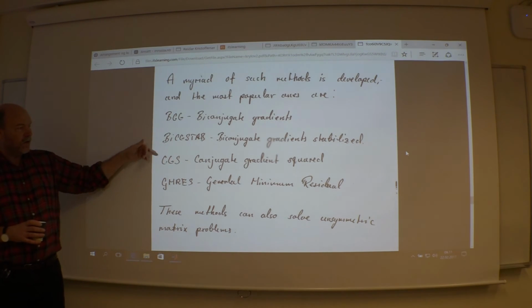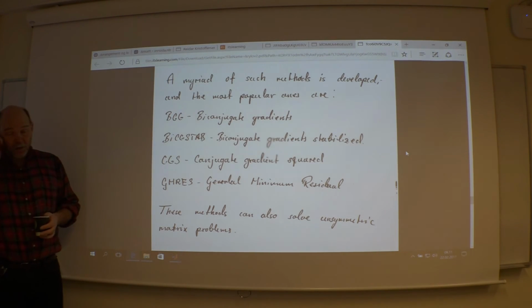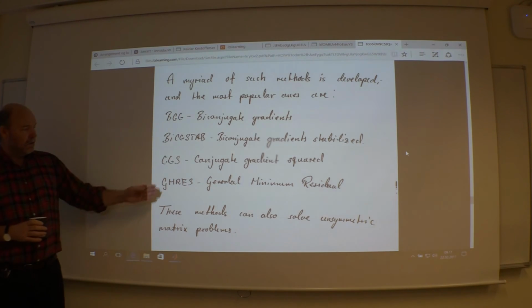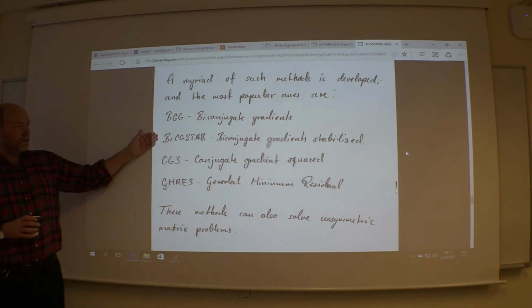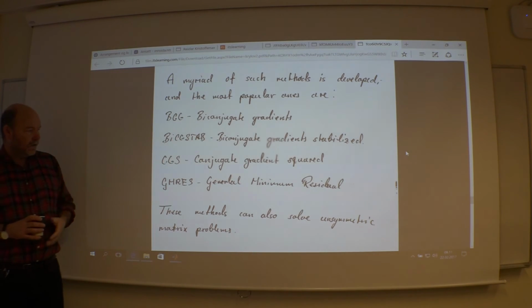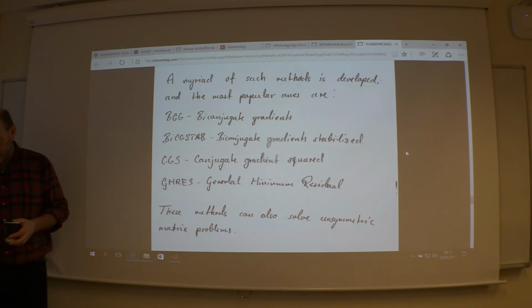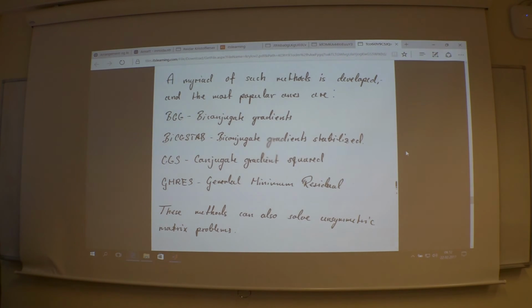These names are quite famous, and in many, many codes you will actually find the option here, choose a solver. Then you find these names: BiConjugate Gradients, BiConjugate Gradient Stabilized, Squared, Generalized Minimum Residual. You have plenty of these. I think these are the most famous.